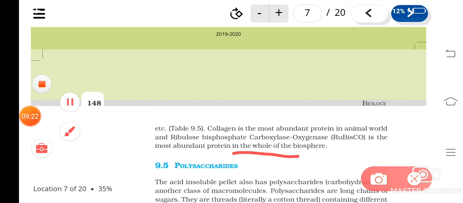In the animal kingdom it is collagen, and in the whole biosphere it is RuBP carboxylase oxygenase, in short called rubisco. Is it clear? So about this you understood now.